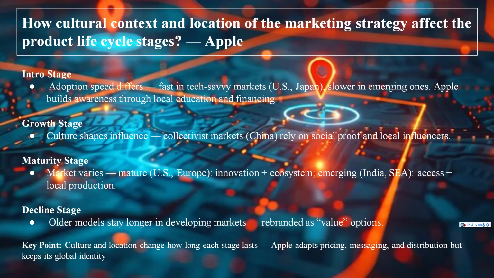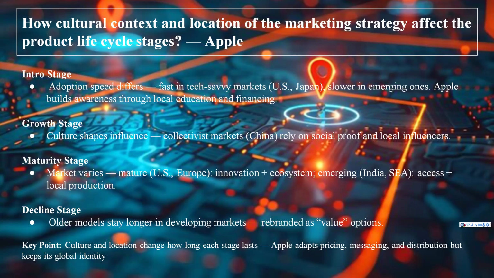During the growth stage, culture shapes how trends spread. In collectivist markets like China, people rely more on what friends or influencers recommend. So Apple uses local partnerships and social campaigns instead of just global advertisements.